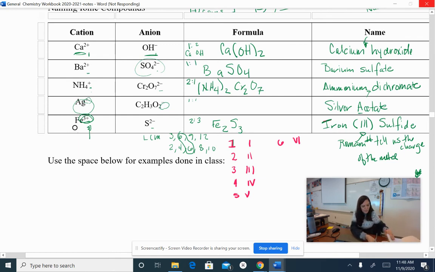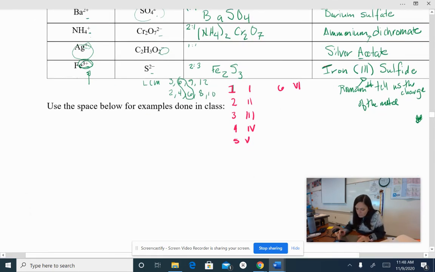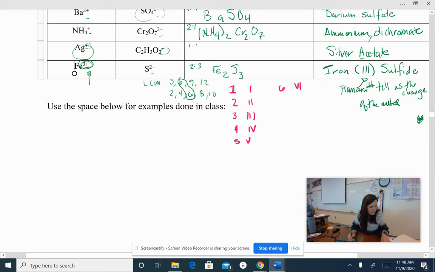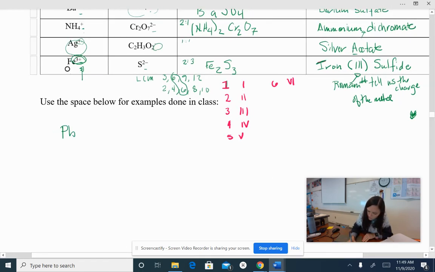Now, if I have some more polyatomics, let's do lead, and let's have it bound with sulfite.